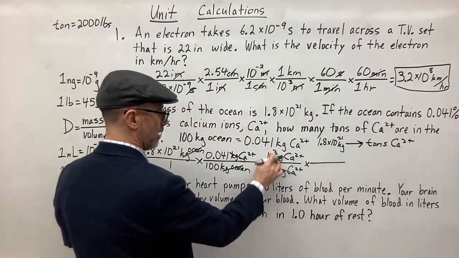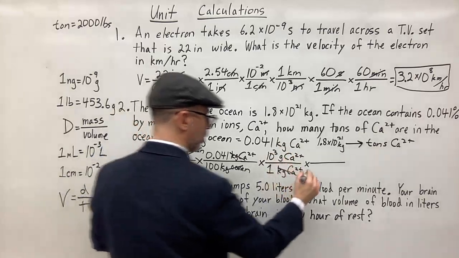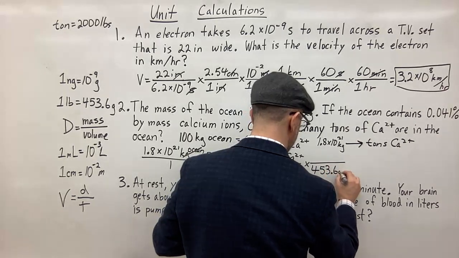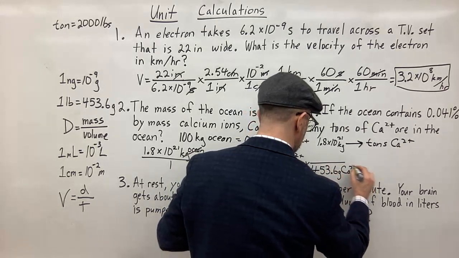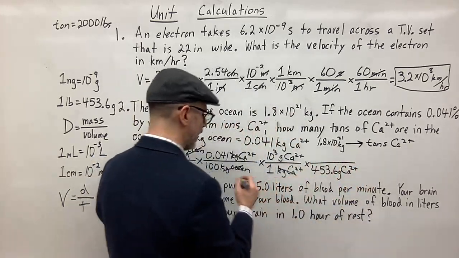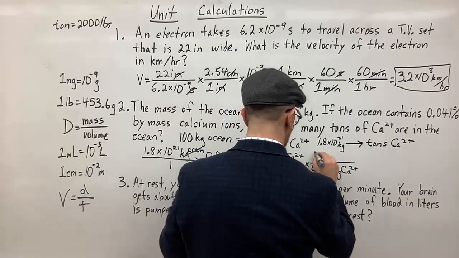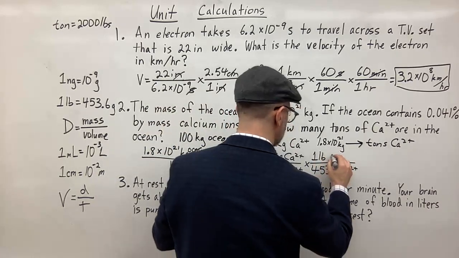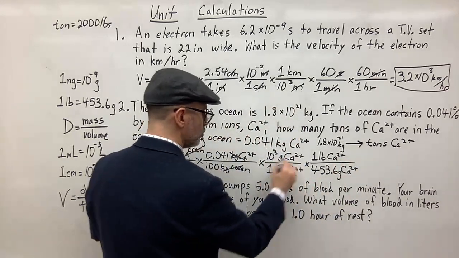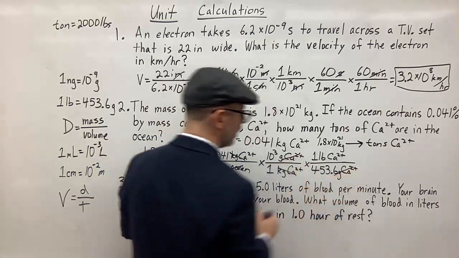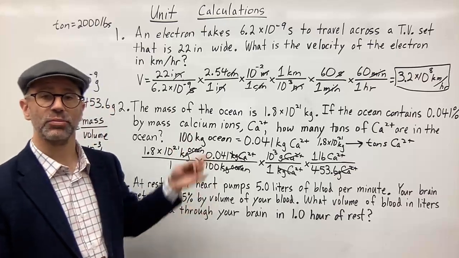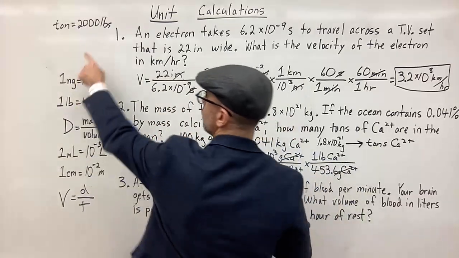So since I have grams on the top, I'm going to put 453.6 grams of calcium on the bottom, and I'm going to put 1 pound of calcium 2 plus on the top. So grams of calcium ion cancel out. Now I have pounds.